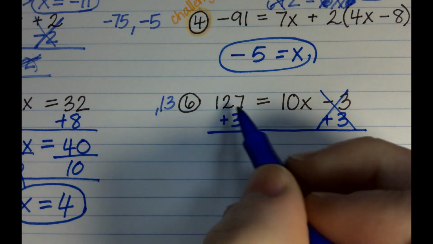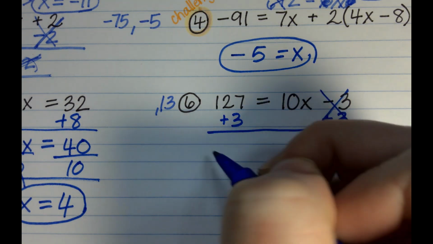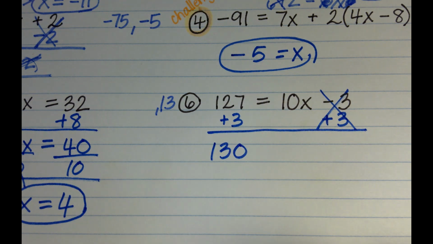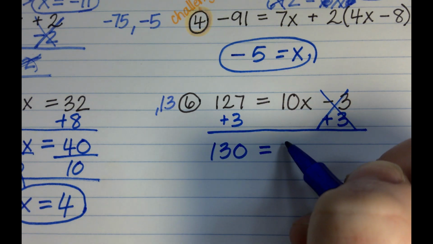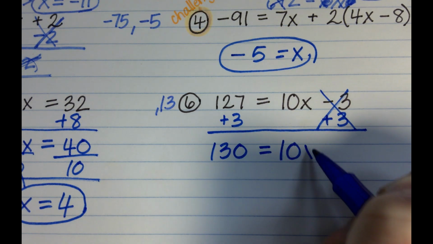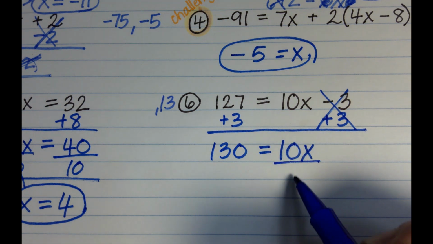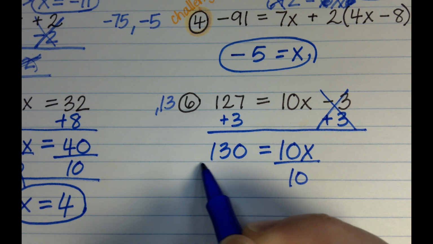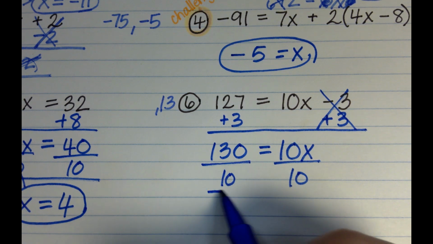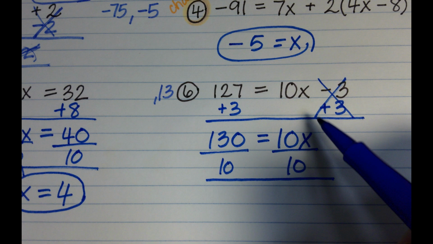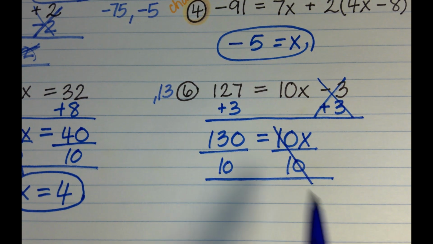127 plus 3 is 130. We'll bring everything else down. Equals 10x. And yes, thank you. We just divide by 10. So my 10s would cancel out.